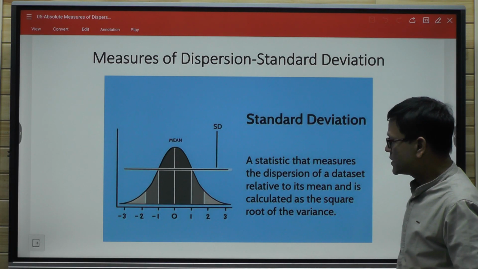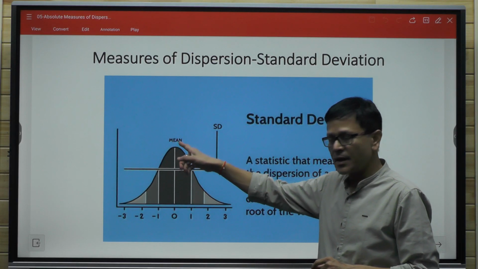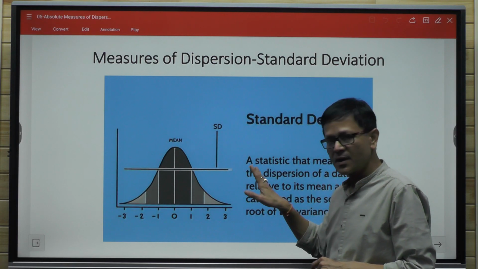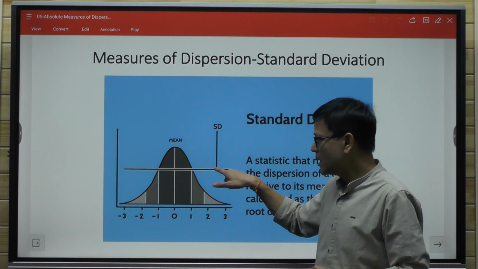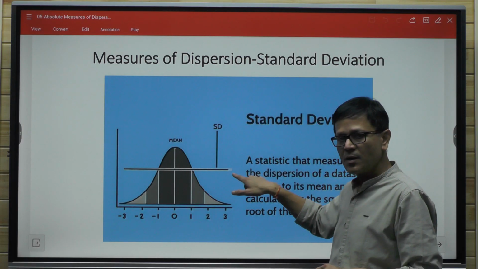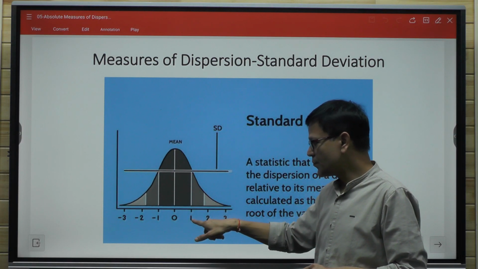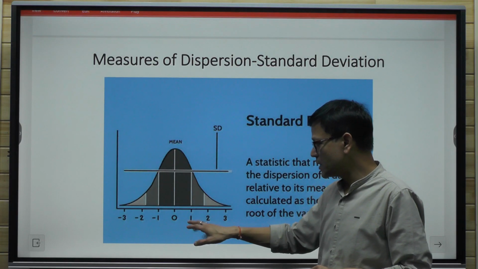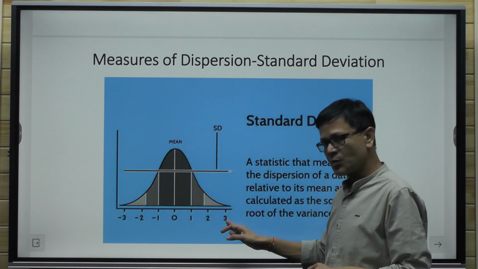So for a standard deviation, this is the mean, that is the central line. The curve is perfectly normally distributed. Now standard deviation is how much you are deviating from the mean. So this line is there. We have first positive deviation, second positive deviation, and third positive deviation.